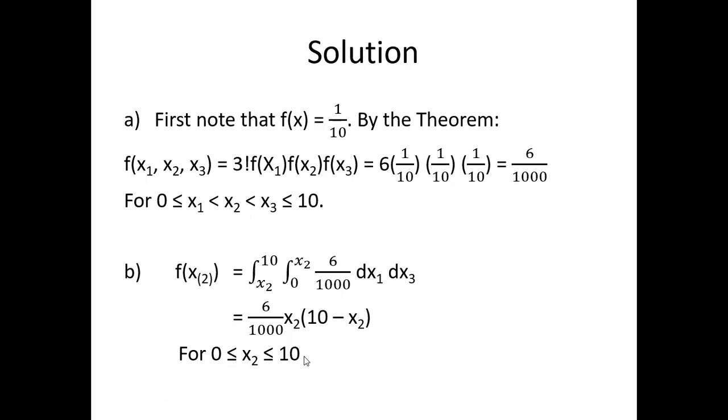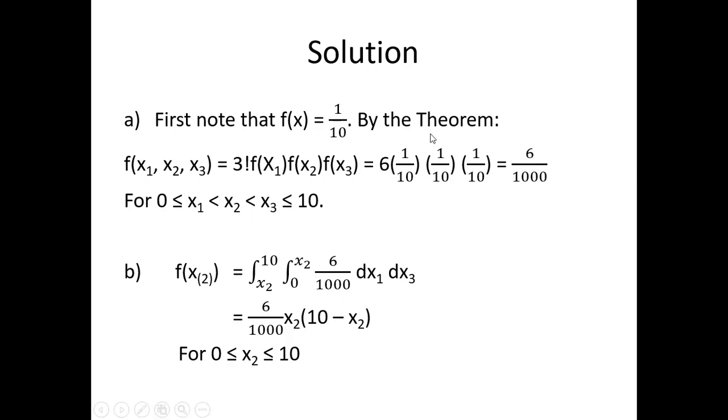All right, so first, each random variable is uniform between 0 and 10. So we know that our PDF for each random variable is f of x is 1 over 10, right? Remember, it's 1 over the length of the interval.